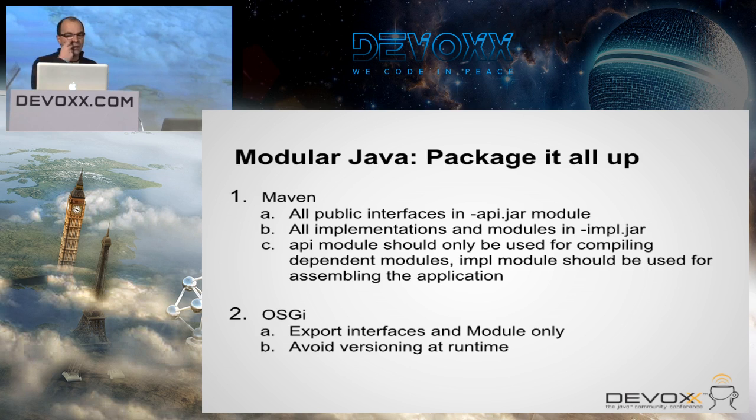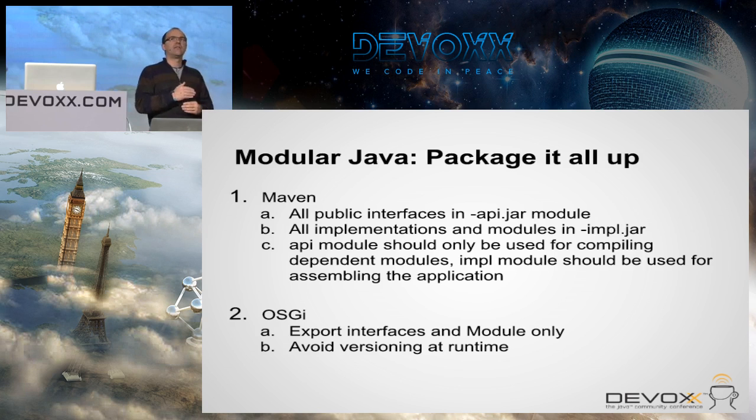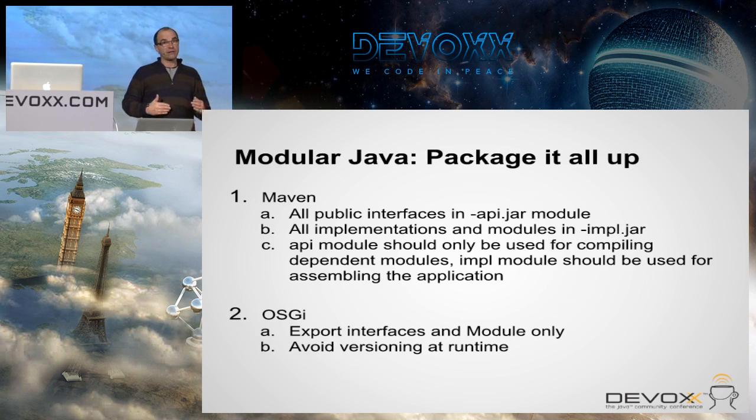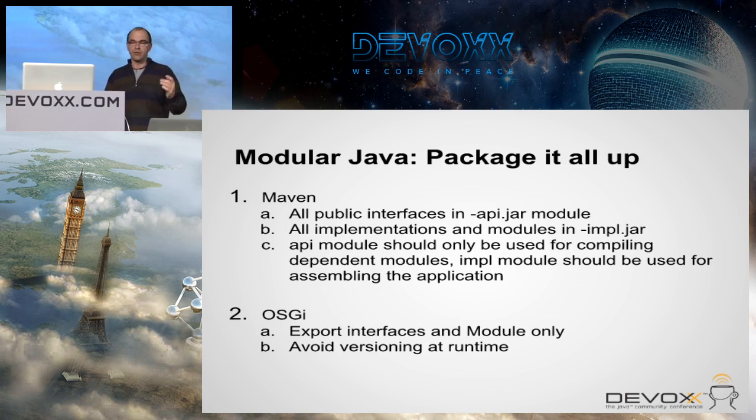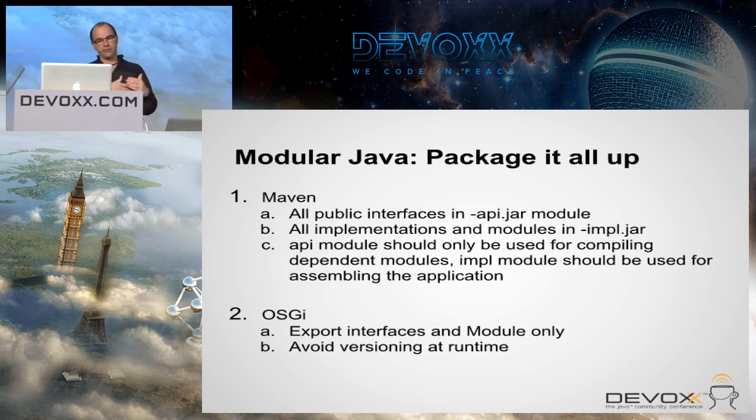Now, when you do OSGi, it's a bit more complicated, because OSGi forces you to either export a package or keep a package private. You can't just say, I want half of this package to be exported. If the package is exported, then of course every single public class within that package will be available. So to be able to hide your implementation, in theory, you would need to move these classes into a separate package from the interface.